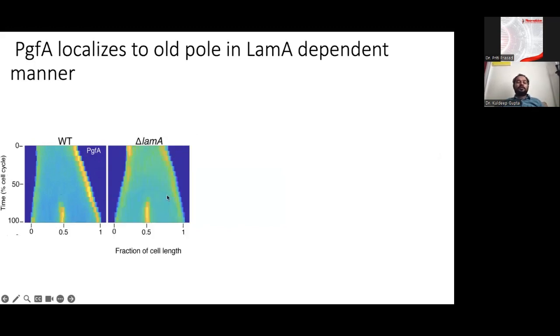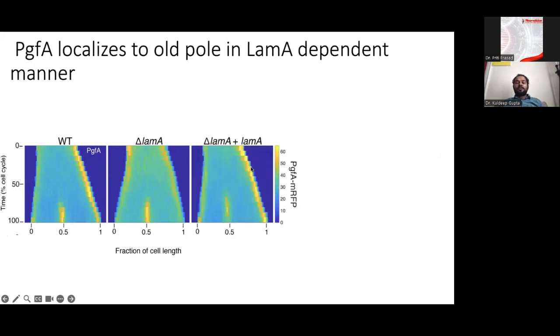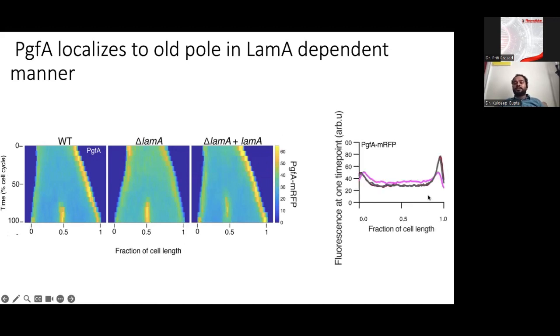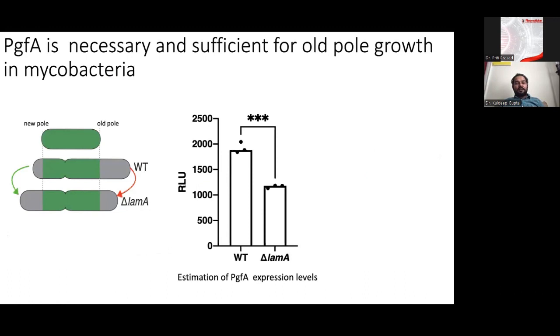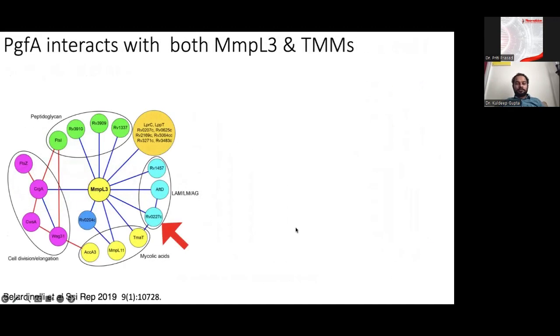When we knock out llama, the protein does not localize to the pole, and in the complemented strain, its original position is restored. So there is a connection between llama and PGFA: PGFA localizes to the growing pole in a llama-dependent manner. And in a llama knockout, when we overexpress PGFA, growth is restored.